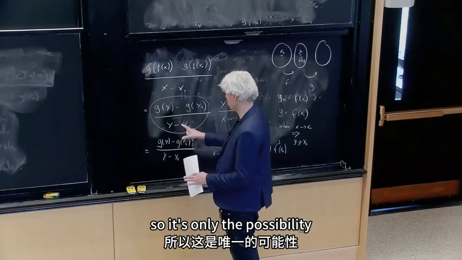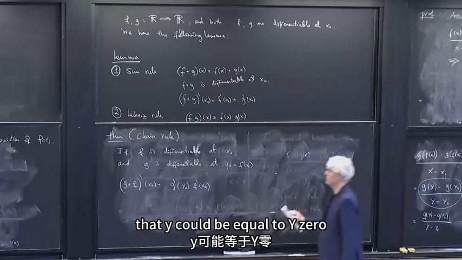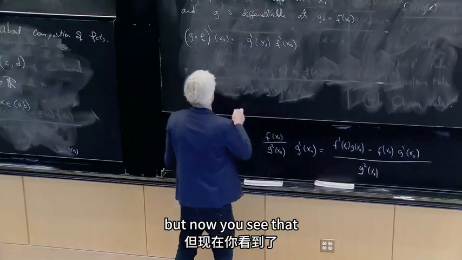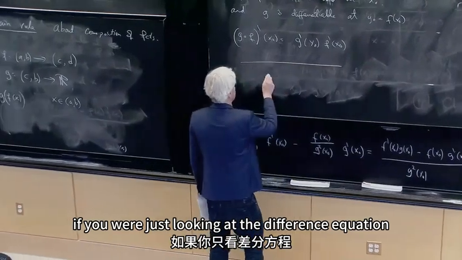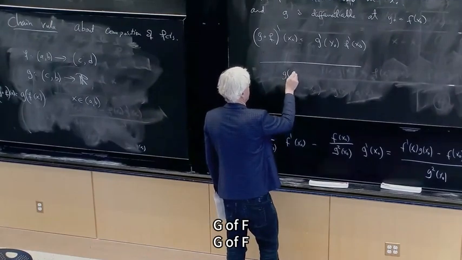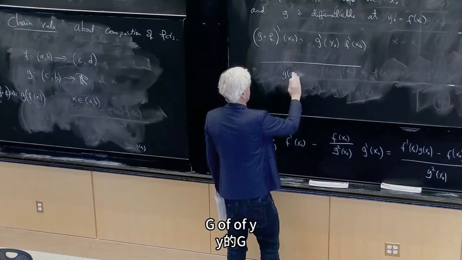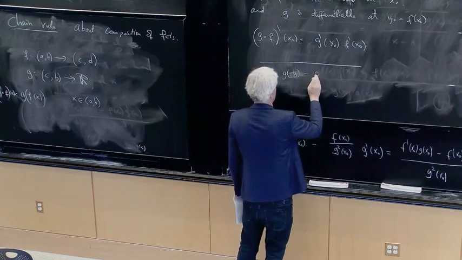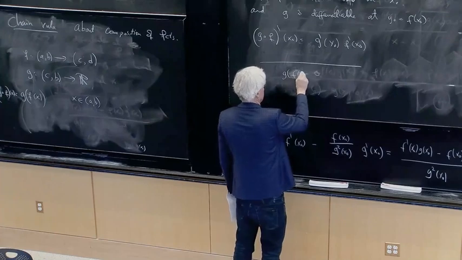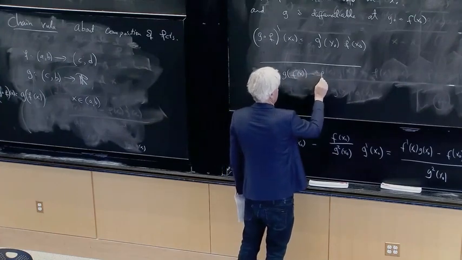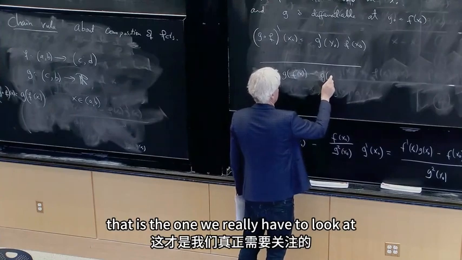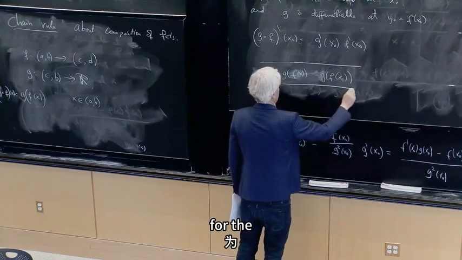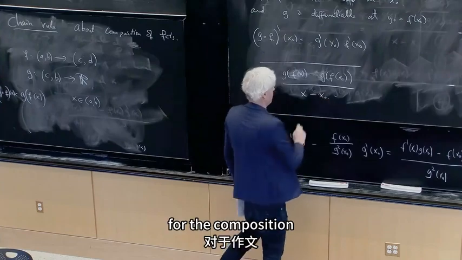So it's only the possibility that y could be equal to y0. But now you see that if you were just looking at the difference quotient, g of f of x minus g of f of x0, this is the difference quotient that is the one we really have to look at for the composition.